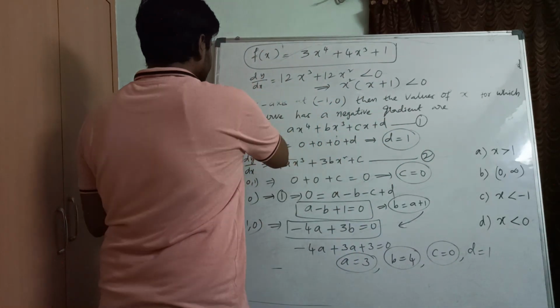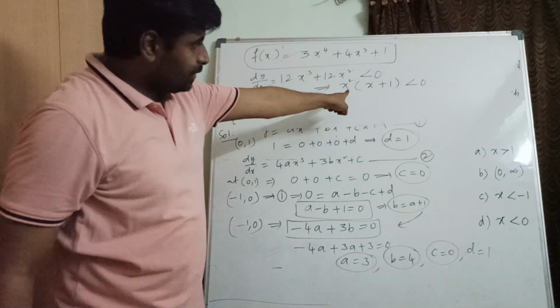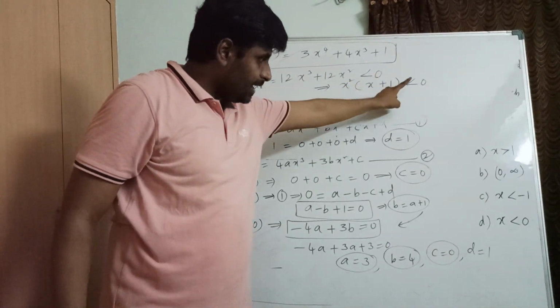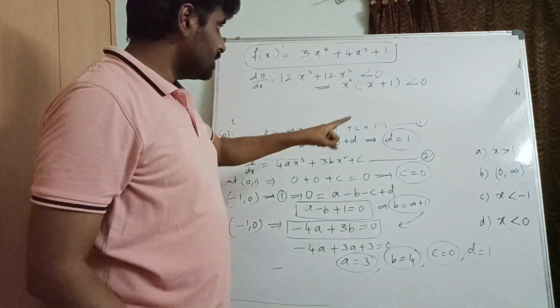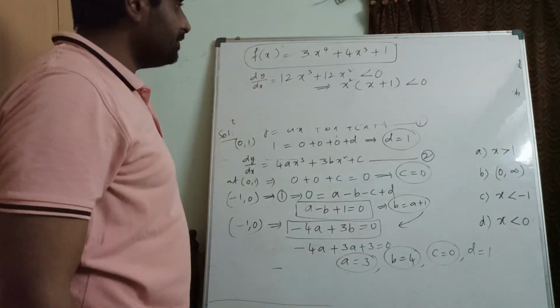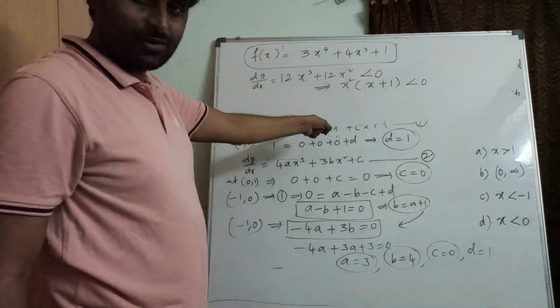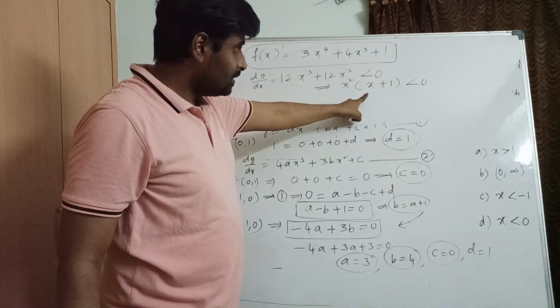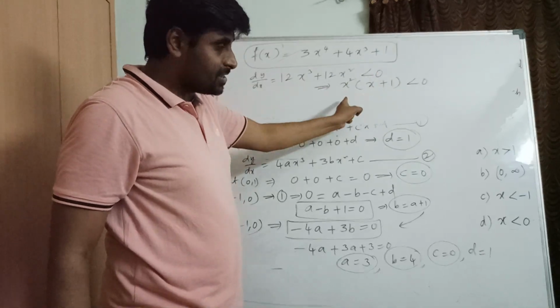So now tell me, just observe, try to understand here, at which value of x this value will be negative. Anyway, x square is positive always. Where x plus 1 is negative? When you substitute below minus 1 values, correct or not? If you substitute minus 1, will it be less than 0? No. Below minus 1?